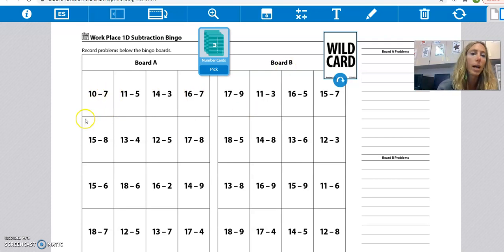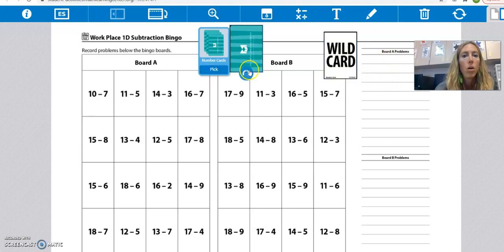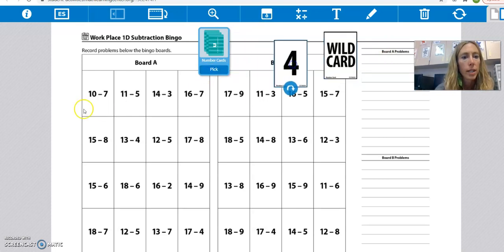So I'd say, I want my wild card to be 3. They'd put their game marker here, and then record their problem over here. Or let's see, next card is 4, so I need to find one where the difference is 4. And there might be more than one problem that has a difference of 4.